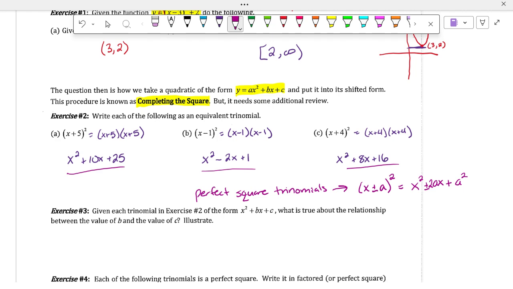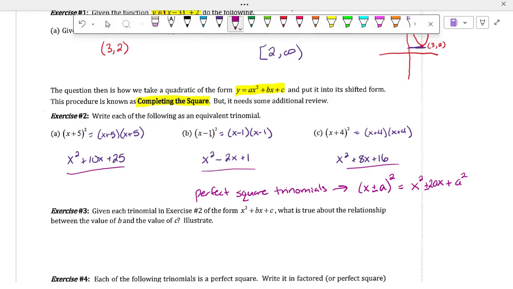All right, so that's how I came up with these three so quickly without actually foiling them out. Because if you look, for example, letter B, all you have to do is find x squared, which is just x squared. Then you do 2 times a times x.